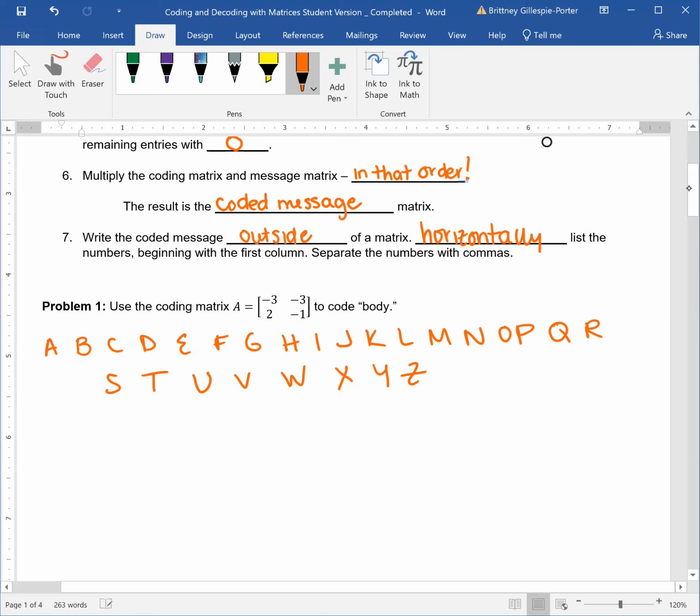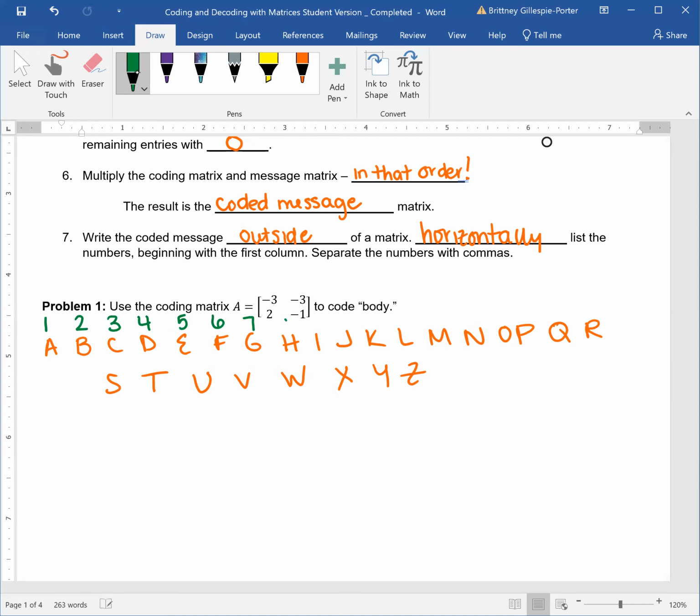All right. Now that we have the alphabet listed, we're going to go through and number them. So A is 1, B is 2, C is 3, so forth and so on. Keep going. You're going to want to double check that you're not missing any letters or skipping any numbers.